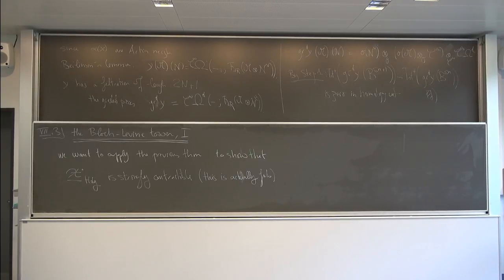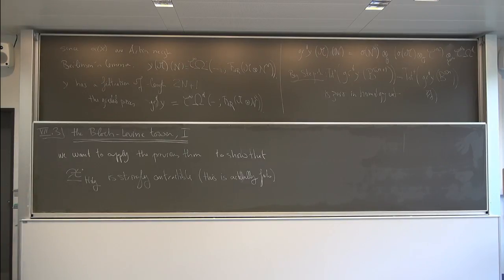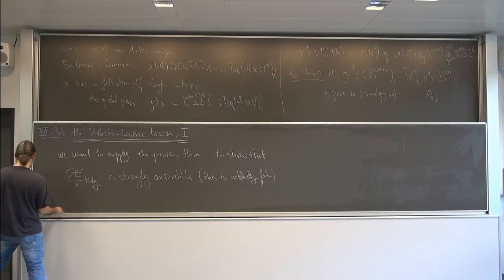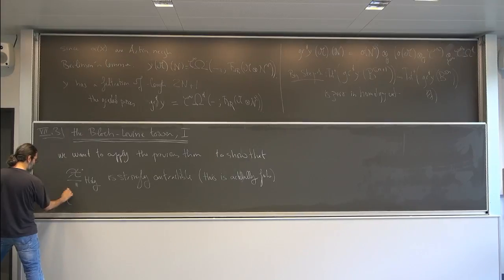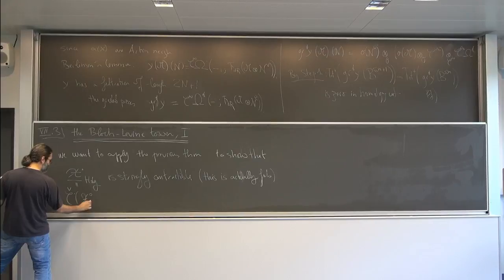All right, so let me explain to you why it's unreasonable to expect that this is strongly contractible, why the previous theorem does not apply directly to this guy. Let me first remind you that this is the Chern complex at x0 by construction.